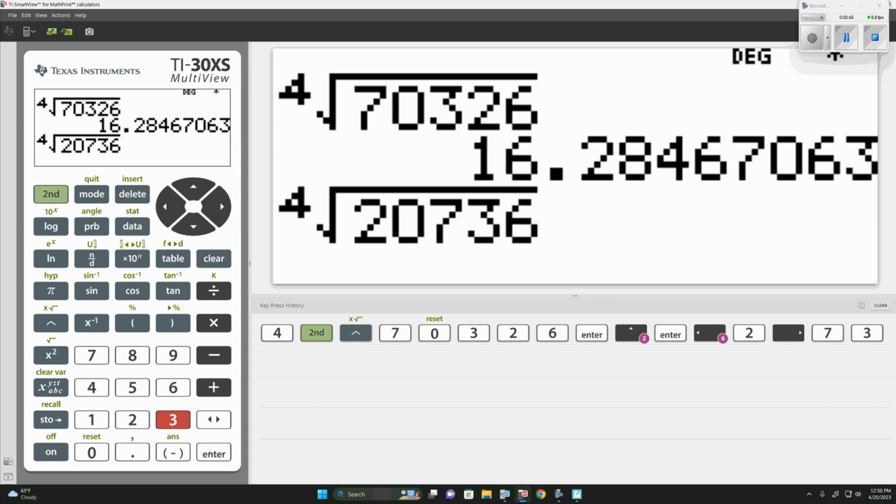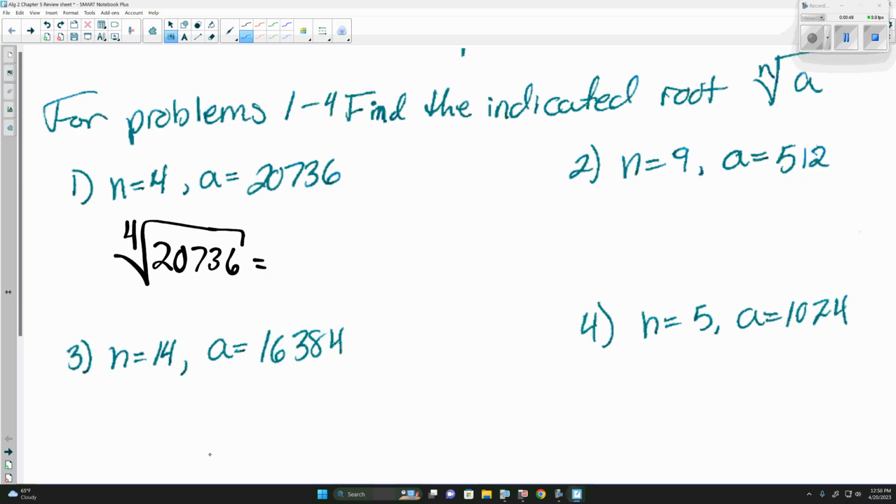Well, I apparently had all the right numbers, just not in the right order, which is 12. Well, you'd still lose points for this because it's not just 12. It is plus or minus 12.